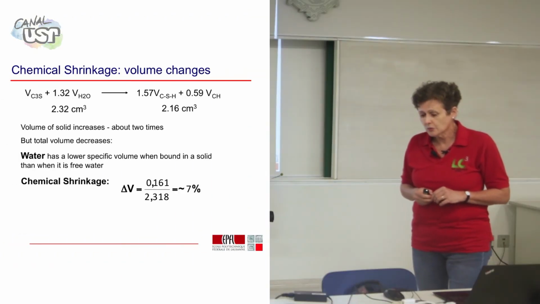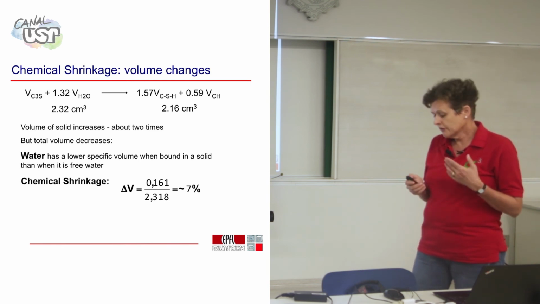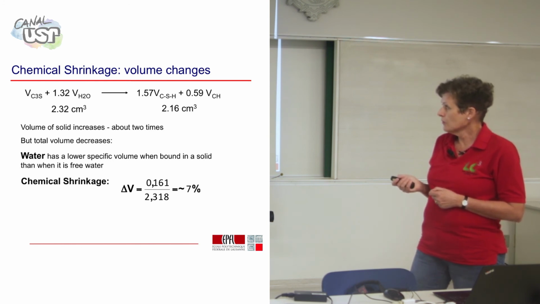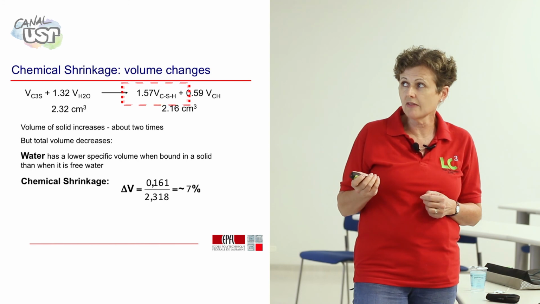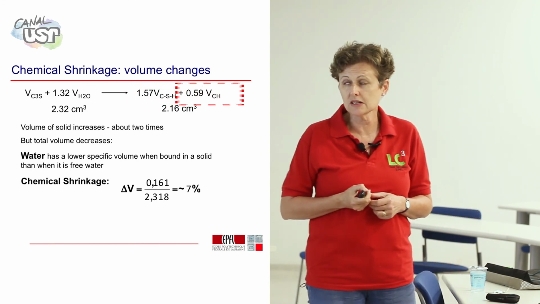So the second method we use is based on this phenomenon of chemical shrinkage. If we write the volumetric equations for the reaction of C3S, this is 1 volume of C3S reacts with 1.32 volumes of water, and this produces 1.7 volumes of CSH and 0.59 volumes of calcium hydroxide.